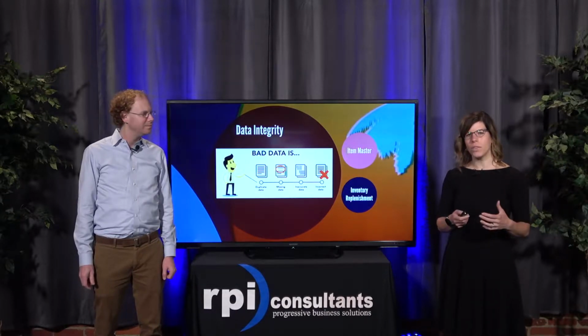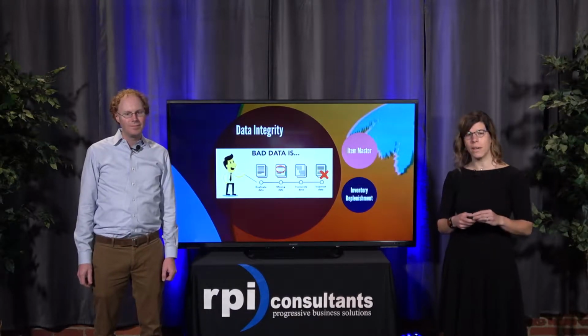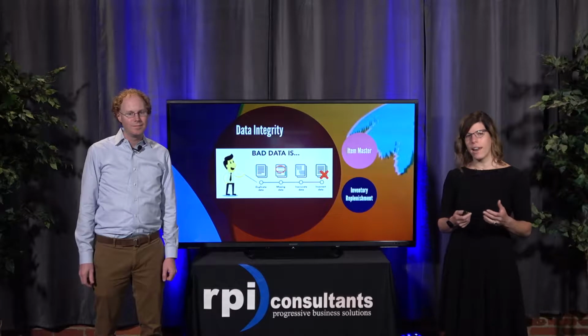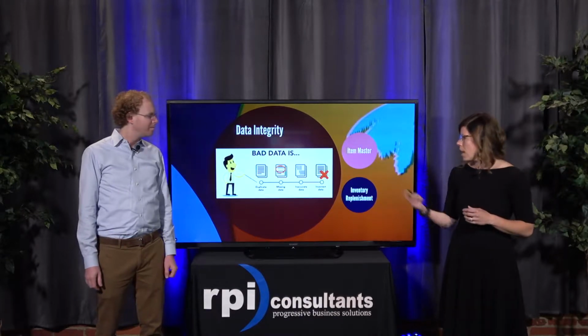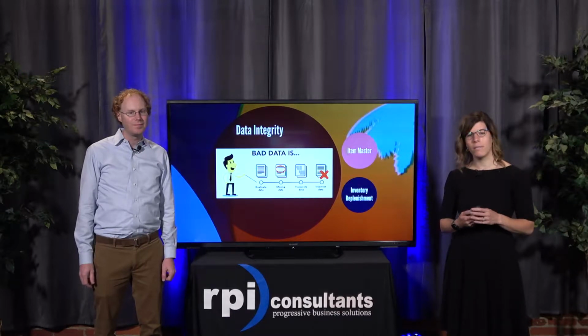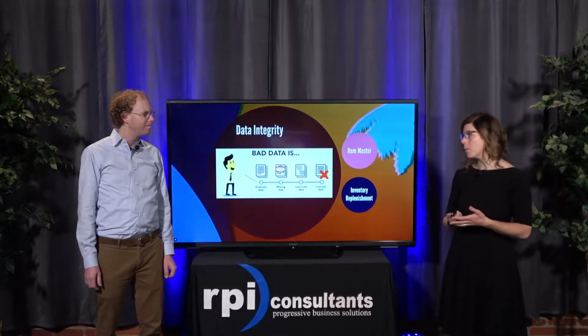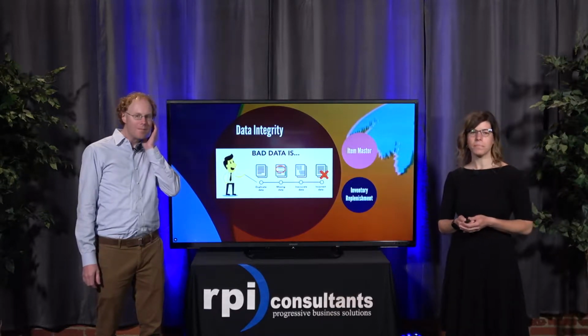If you don't have good standard processes and procedures in place to help manage your data, things are going to get out of hand. You can have a lot of duplicates in the system or just missing information, and what you put into the system is what you're going to get out. So all of your reports aren't going to be as valuable without that detail.